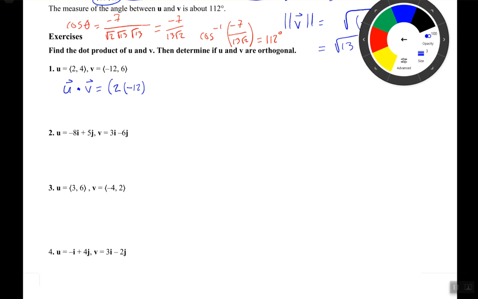It doesn't matter. When you're multiplying, you could go v first, but I'm reading it right there and using u first. Just making it easy on myself. That product plus, what's the y for u? 4 times, what's the y for v? 6. Oh, what's it equal? 0. So is it orthogonal? Yes.